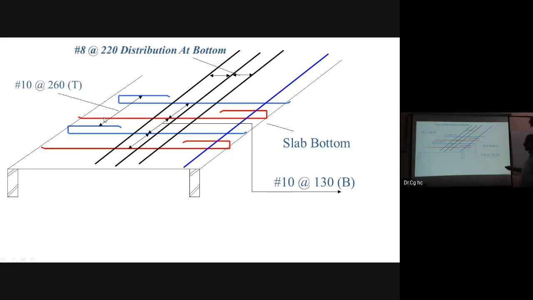Sometimes we are going to provide it. ಇಲ್ಲಿ ಒಂದು ಬಾರ್ extra bar to resist, that is top reinforcement. Here also we are providing the top reinforcement because we can provide it. Now this is the top reinforcement. Now this is the distribution bar. This is the bottom reinforcement distribution bar and top reinforcement distribution bar.